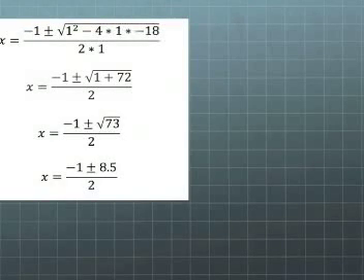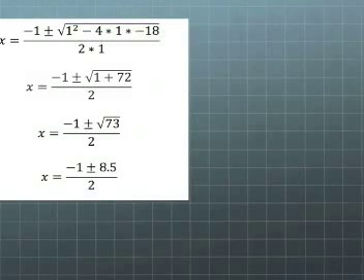As I plug it in, I got x equals negative 1 plus or minus the square root of 1 squared subtract 4 times 1 times negative 18, divided by 2 times 1. To solve the inside of the square root by multiplying, I end up getting 1 plus 72 inside the square root, which equals the square root of 73.